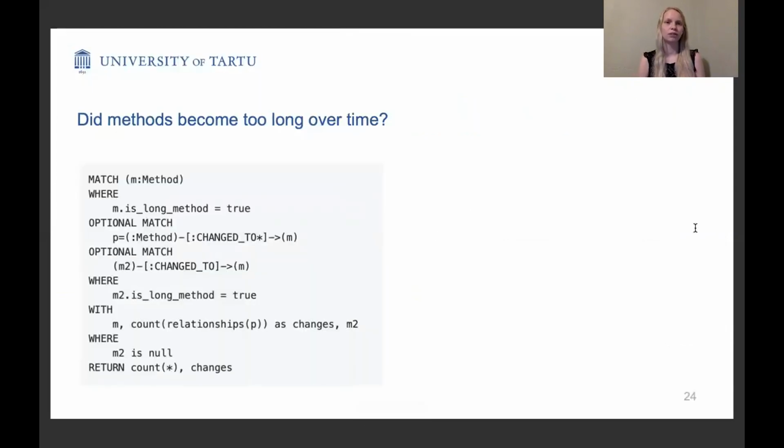The second question, did methods become too long over time? We can query long methods and see how long the chain of changed methods before this method was, providing that none of the methods in this chain were long methods.